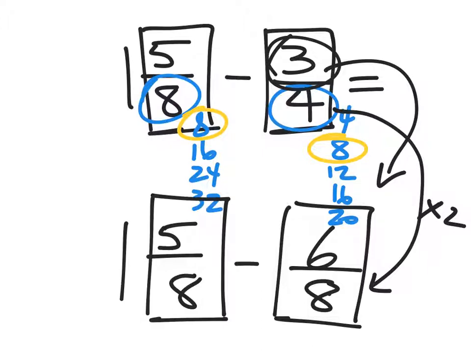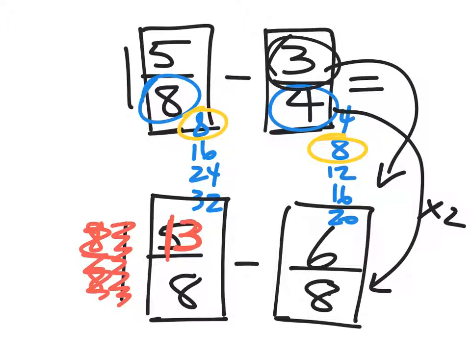So I change or borrow from my 1 whole, it's 8/8, right? 1 whole would be 8/8. So I take my 1 whole, I regroup it into eighths, and then combine it with the 5/8 I already have. So 8/8 and 5/8 would make a total of 13/8.